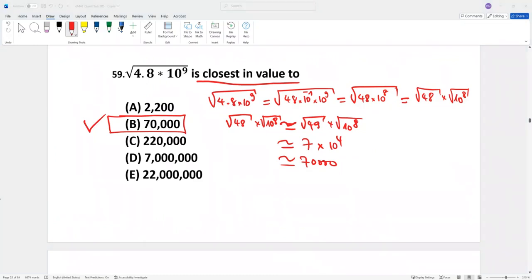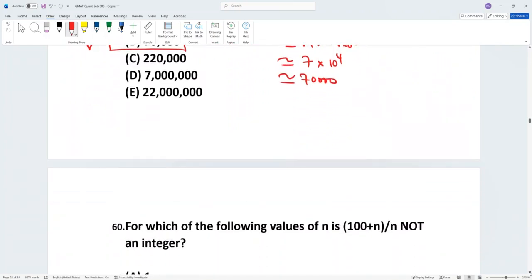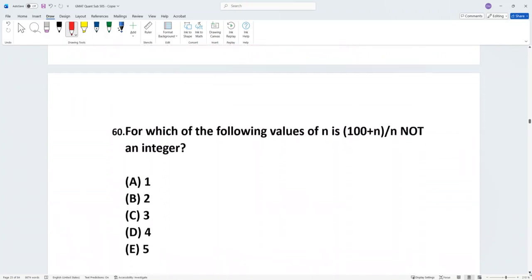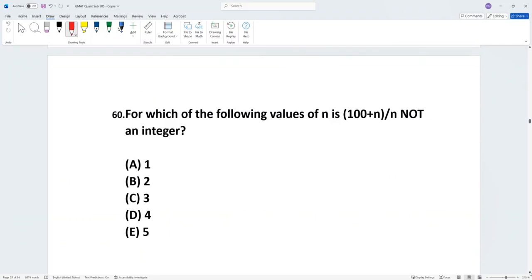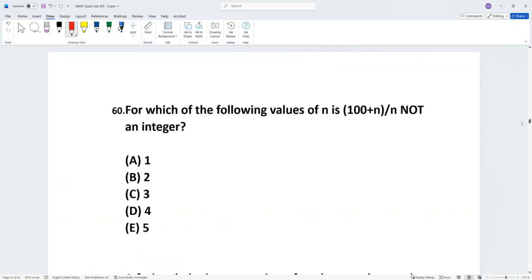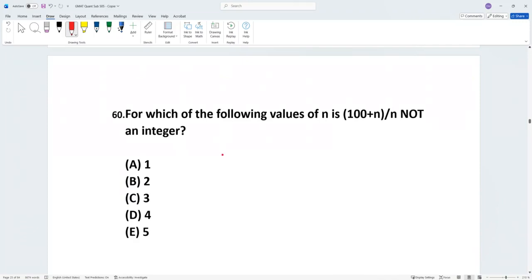Now let's go to our last question, which is question number 60. It says, for which of the following values of n is 100 plus n over n not an integer? So from the answer choices, which one is not an integer?